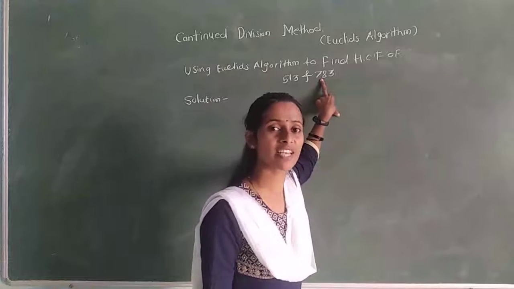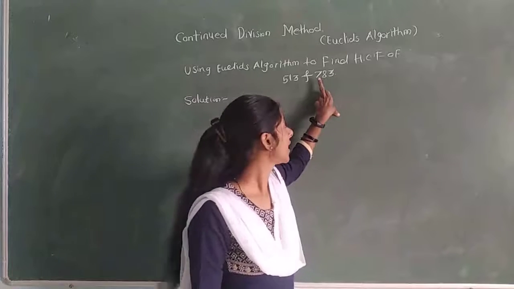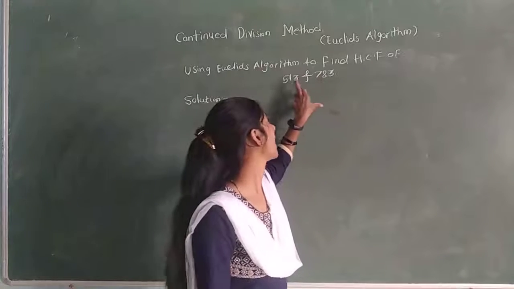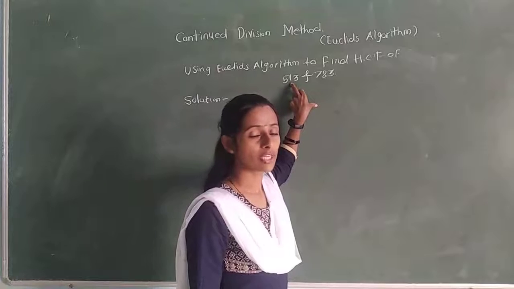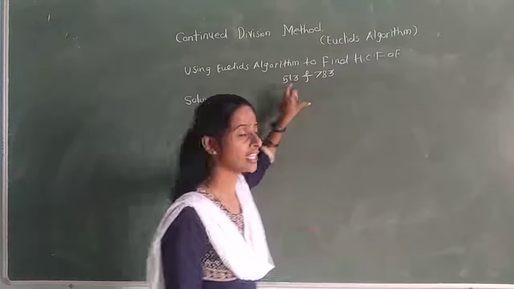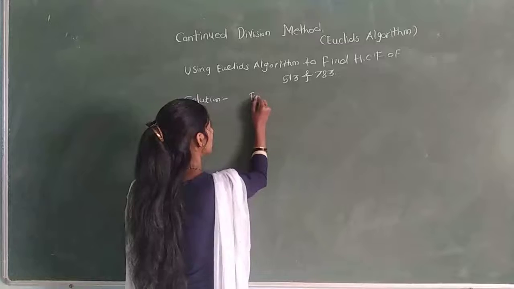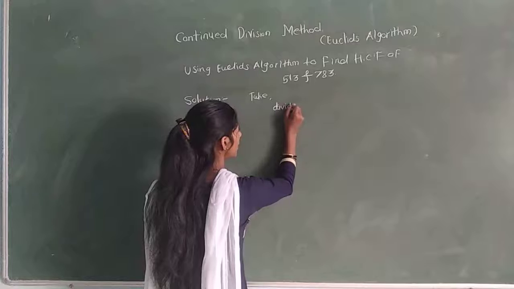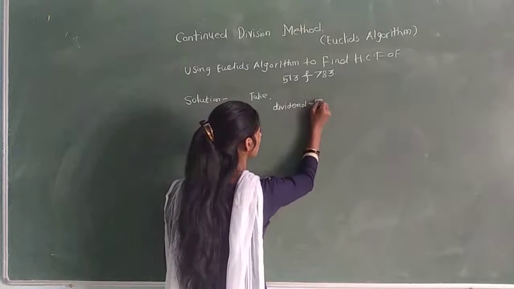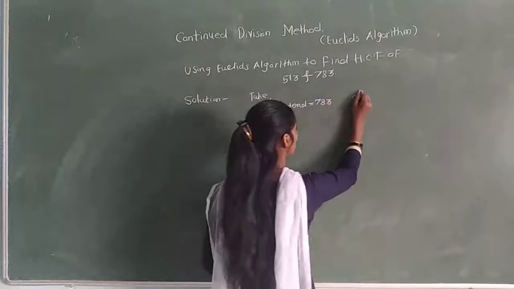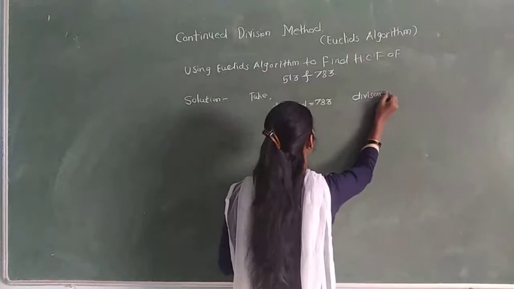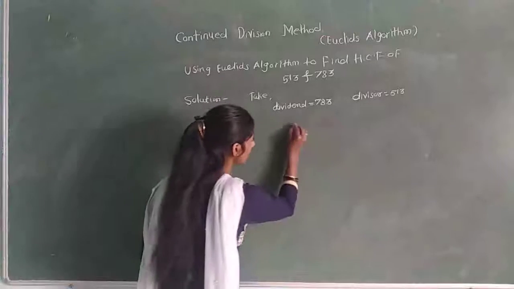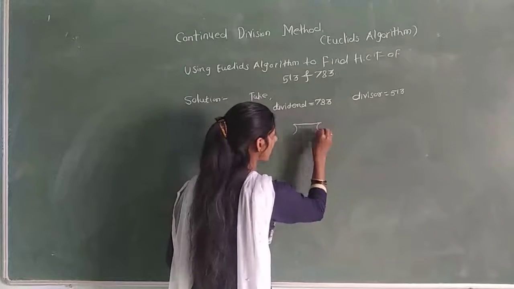Which number is greater? 783. So take dividend equal to 783 and divisor equal to 513. Clear? Next find the quotient and remainder.